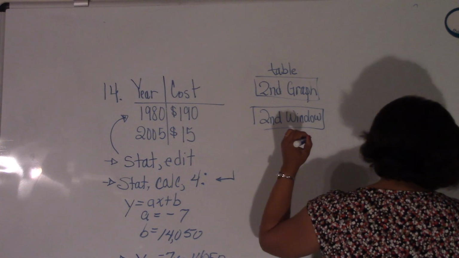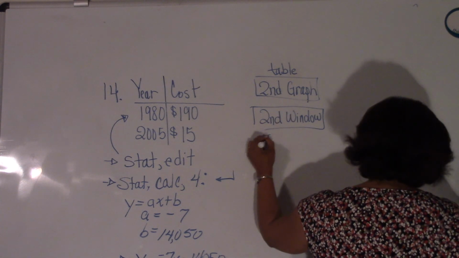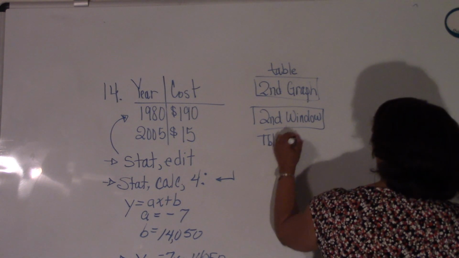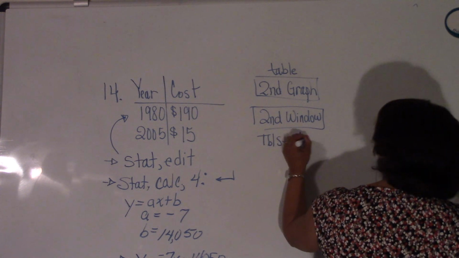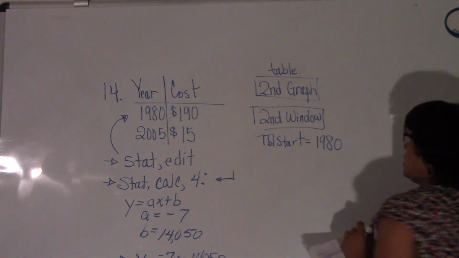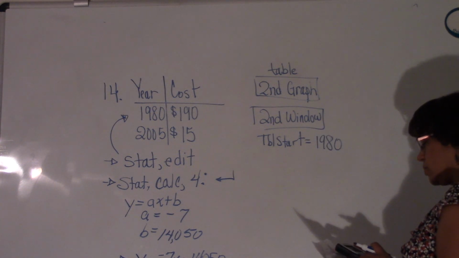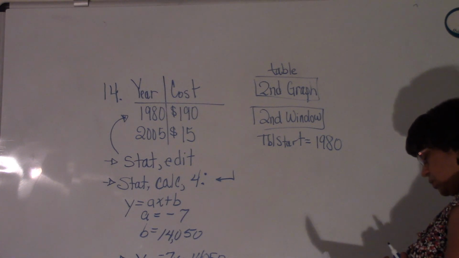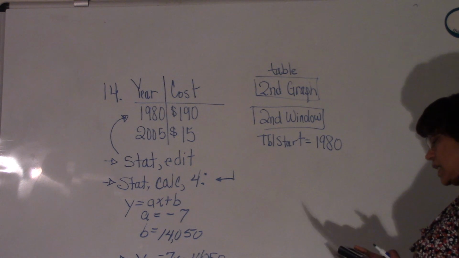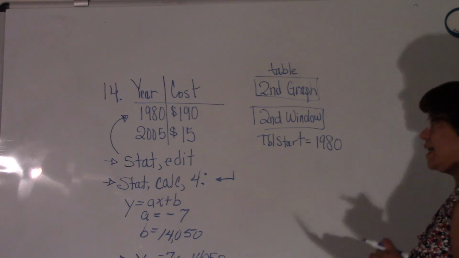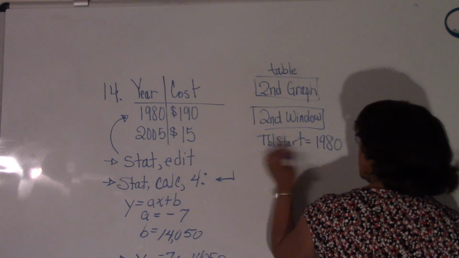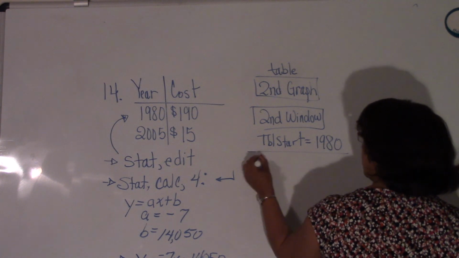If you'll notice, it has TblStart and then the word. So we're going to set that equal to 1980. Instead of putting a 0, just put 1980. Now hit second graph, and look at your table, and if you'll notice in 1980, you see 190.